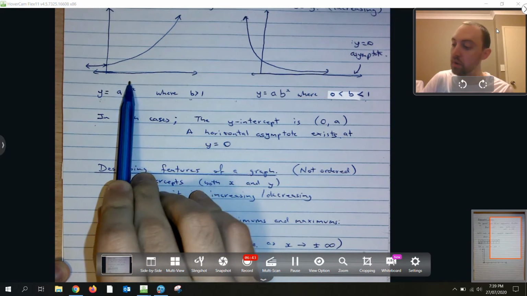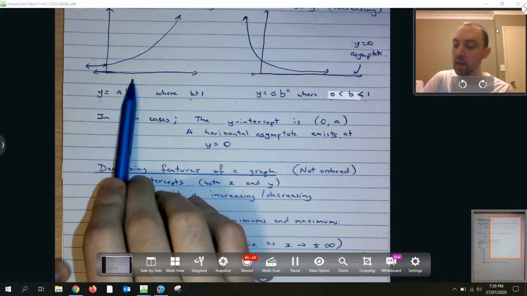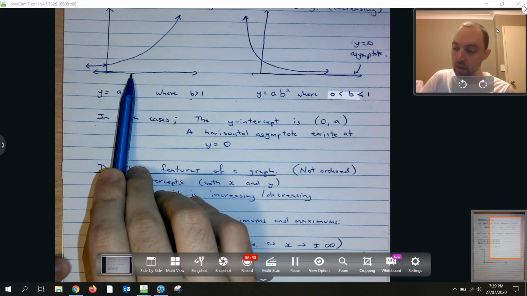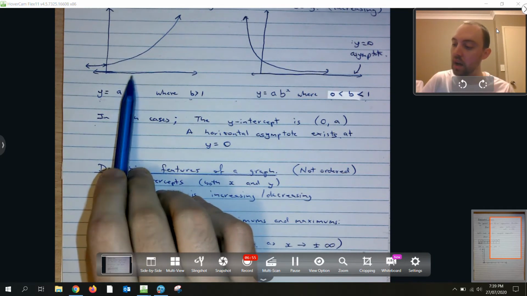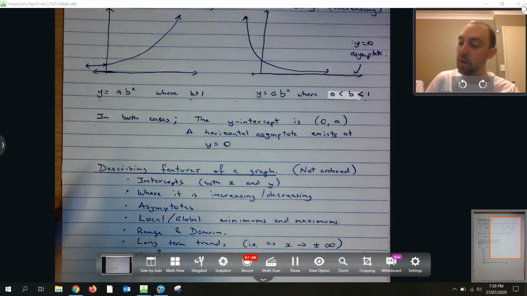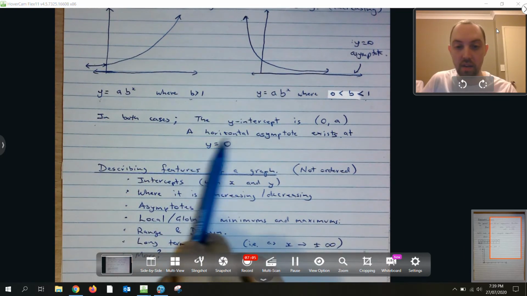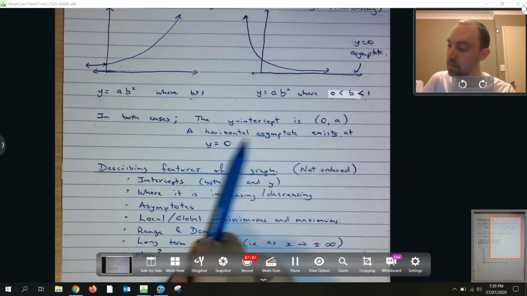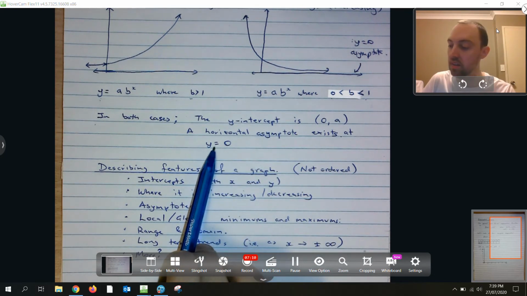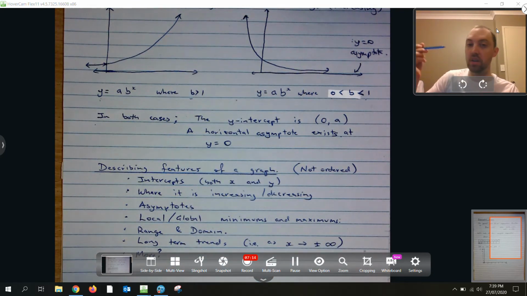So whatever that number is in front of the base with our variable is usually our initial value, unless you had something added on, then that's what our initial value is going to be. And as I mentioned earlier, that horizontal asymptote exists at y equal to 0, again, unless that exponential function has been shifted up or down.